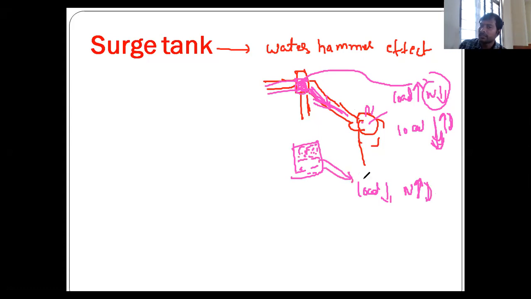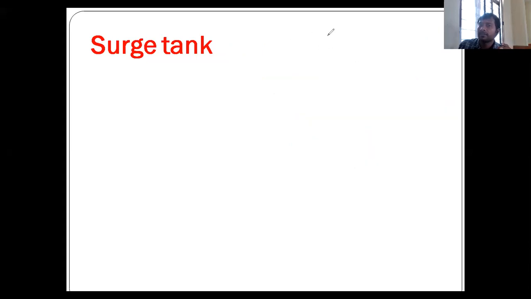When the speed increases, excess water will be sent back to the surge tank, and when the speed decreases, the water available in the surge tank will be released to the turbine.